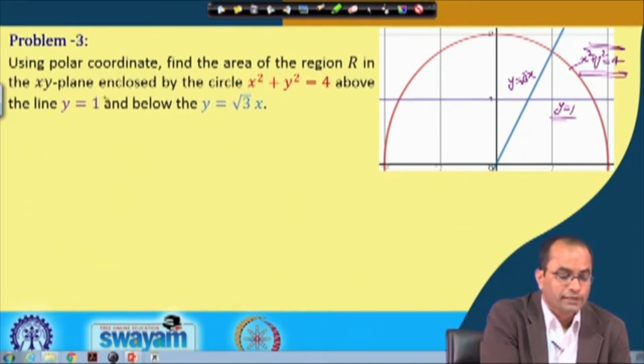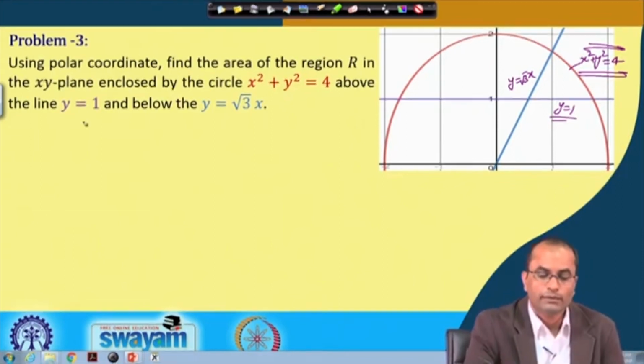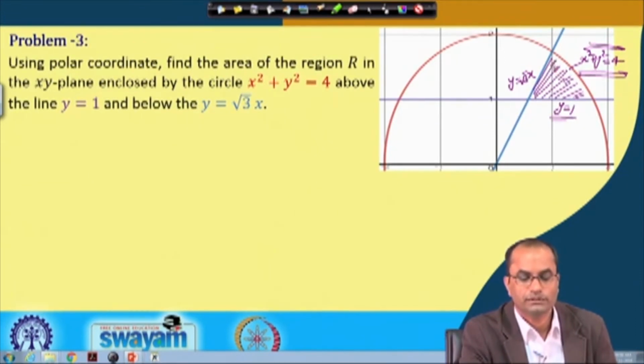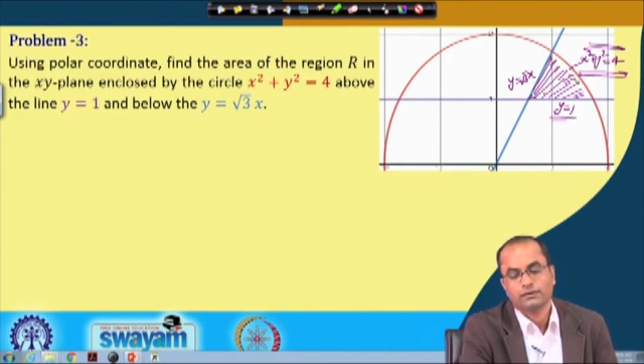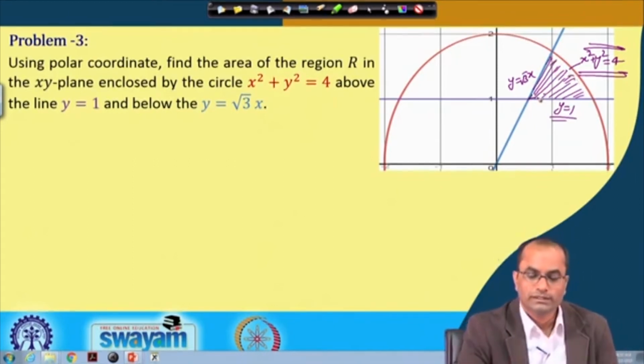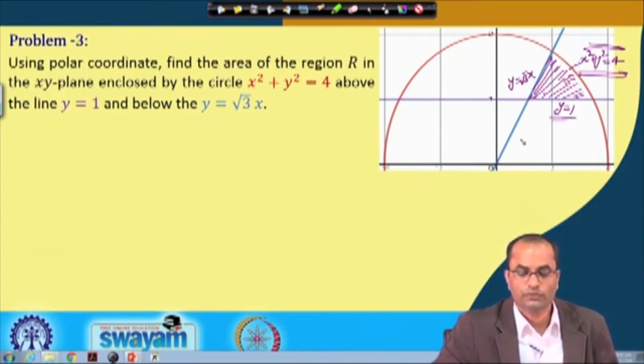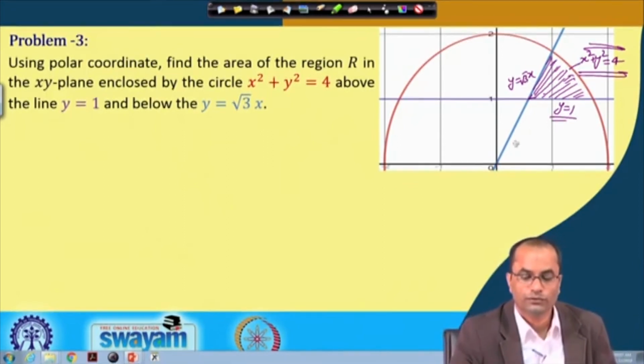Now, the region is enclosed by the circle, above by this line and below by this line. So, this is the region whose area we want to find using the polar coordinate. In this case, we have to see the limits for r and also for theta.